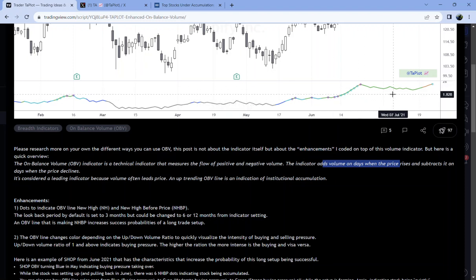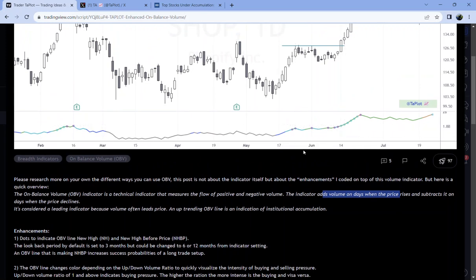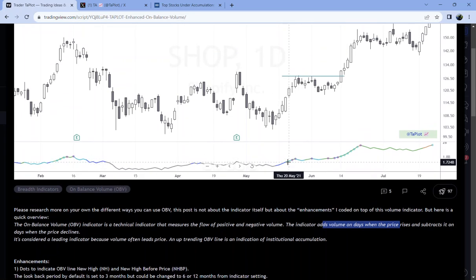It's available on every charting platform. What I did to it is, let's go one thing at a time. I added the dots. Purple dots mean new high before price, meaning the indicator line is making a new high before price does.